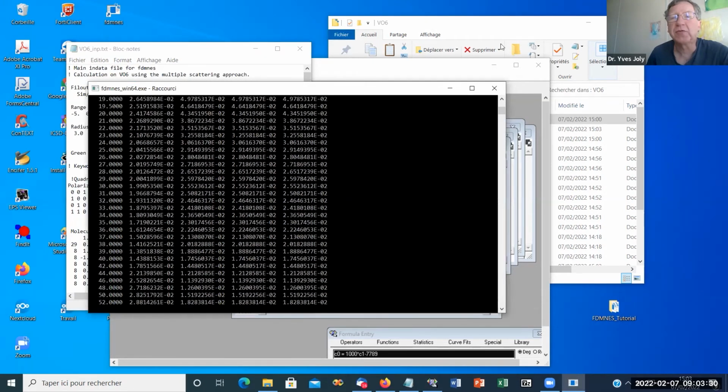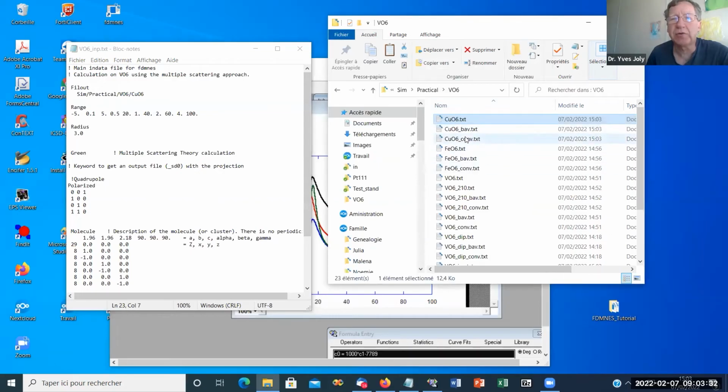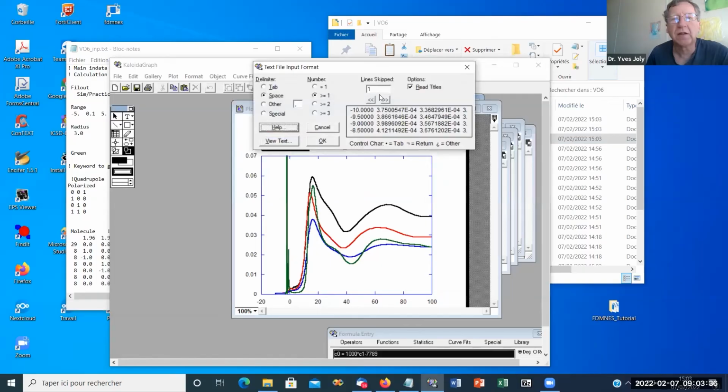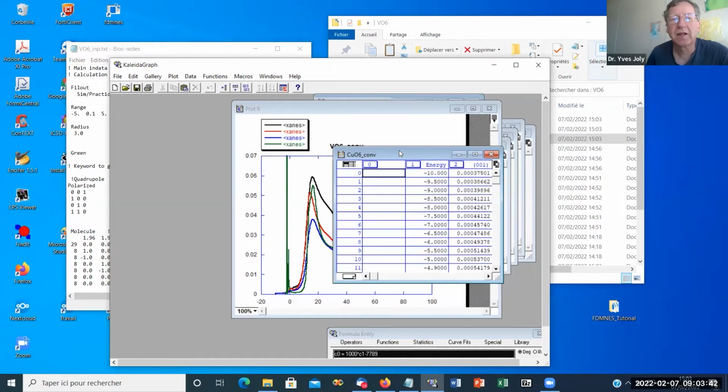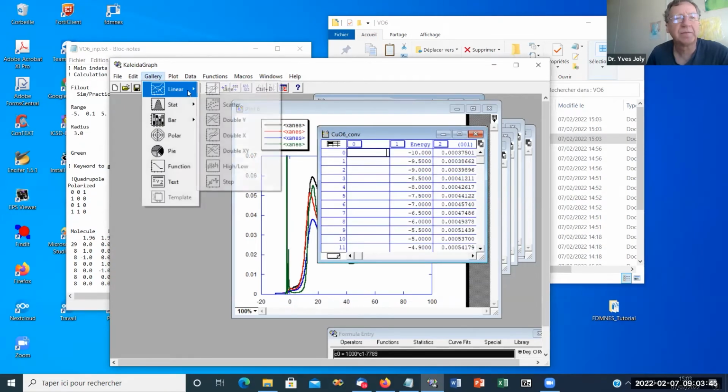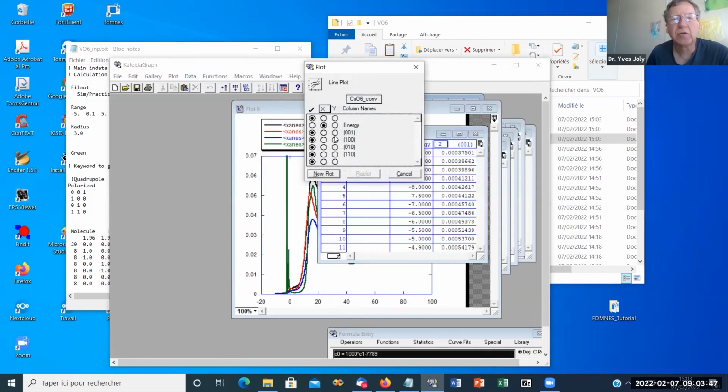Now you have more columns corresponding to all this output. So I take the convoluted one. Now you can see the names of the columns are here. Maybe these two, we thought that they could be equal. No, it's not this one, it was this one.